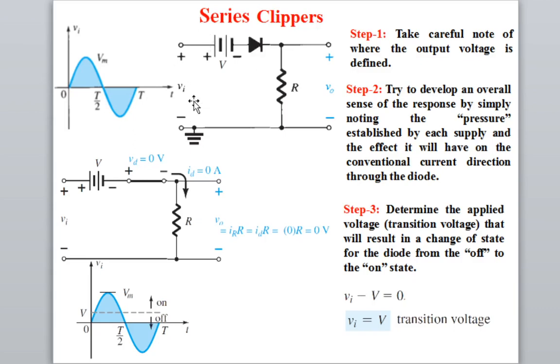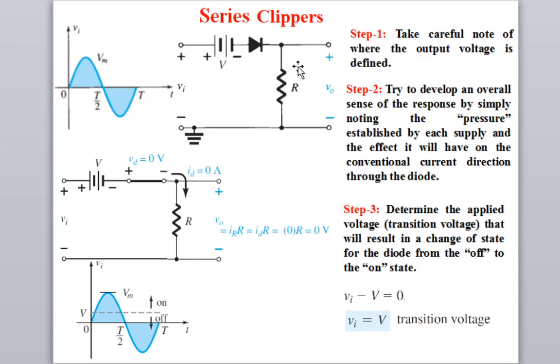Apart from the input signal, there is a V volt battery connected in series with the diode. The polarity of the battery is opposite to the input signal. Then you have to measure the output across the load resistance.